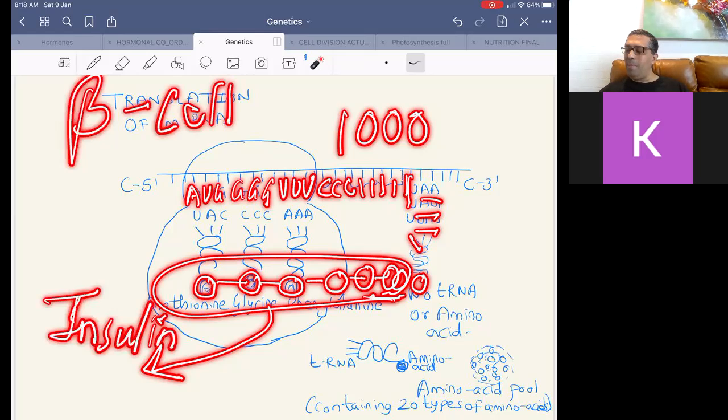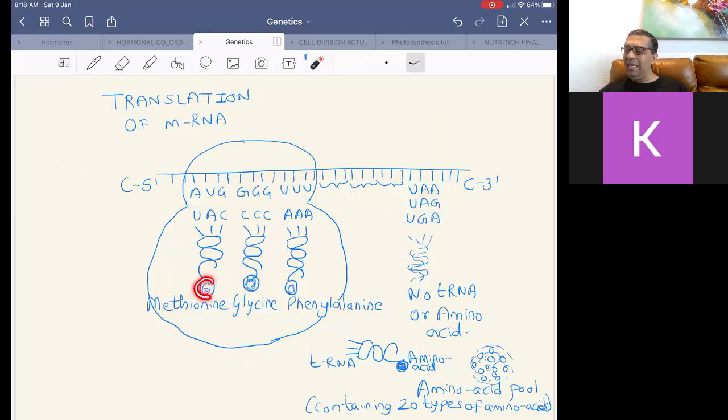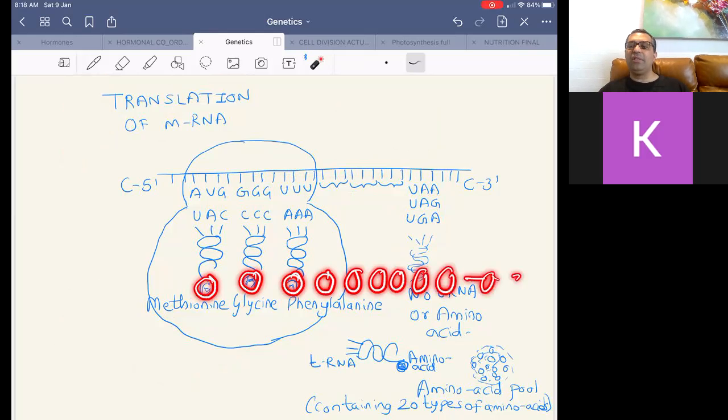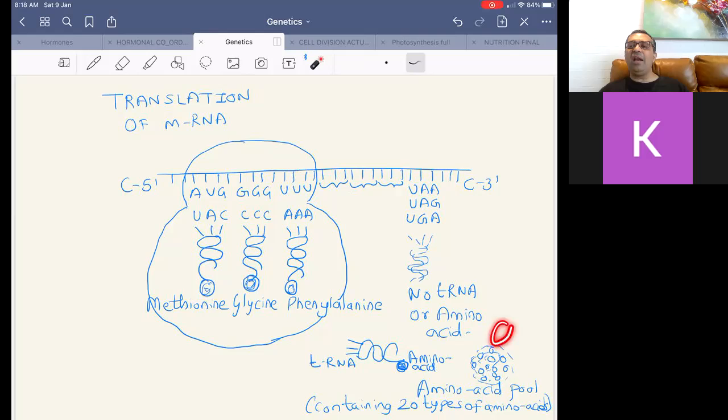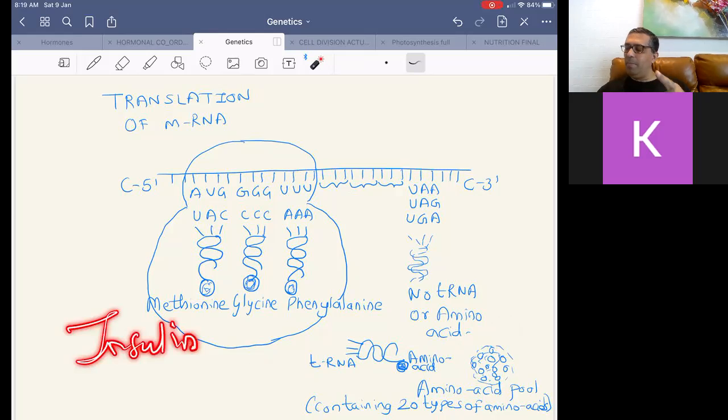What is the sequence of amino acids? Methionine, glycine, phenylalanine, proline, aspartic acid, glutamic acid, glutamic acid, glutamic acid, aspartic acid, serine, serine, serine, phenylalanine, phenylalanine, methionine, methionine, methionine. And ऐसे 1,000 amino acids से बन गया insulin. So which is the first sequence you remember?